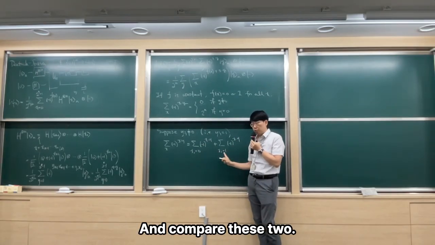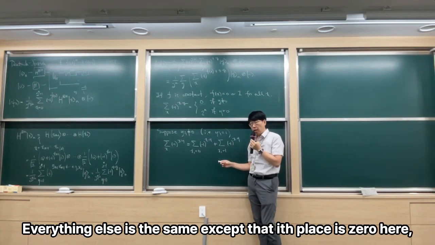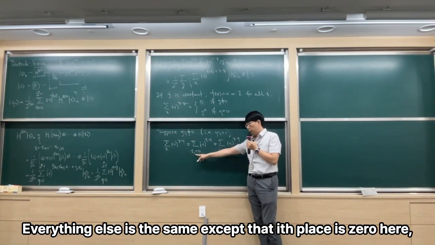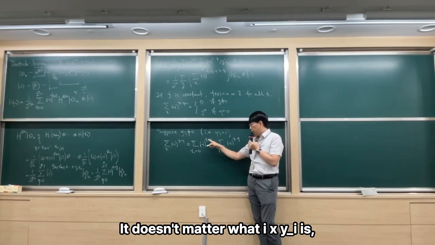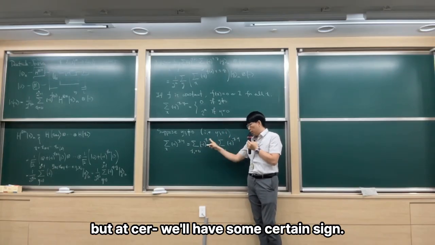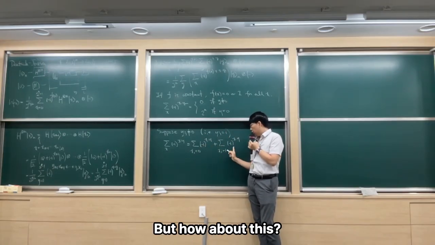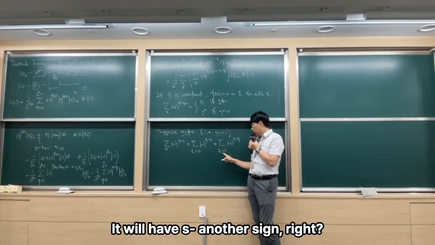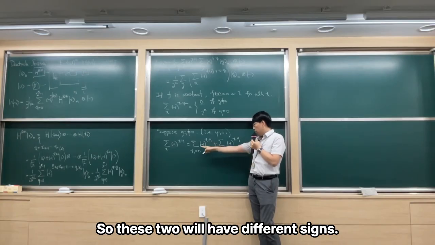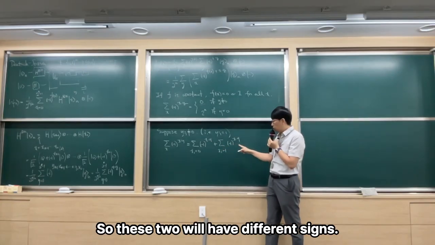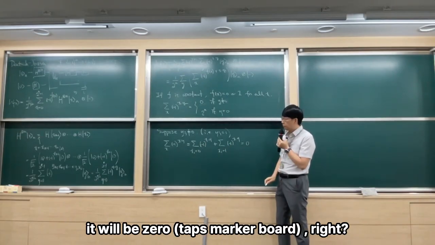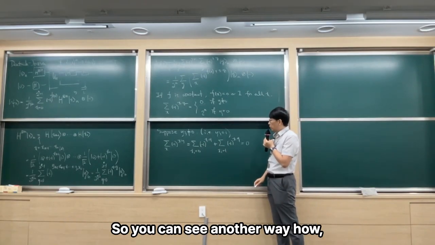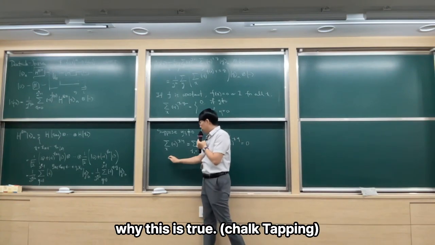Compare these two: everything else is the same, except that the ith place is 0 here, so it will have a certain sign because of this. It doesn't matter what x dot y is, but we will have some certain sign. But how about the other? It will have another sign, right? So these two will have different signs, whatever the value is. So it will be 0. So you can see another way why this is true.